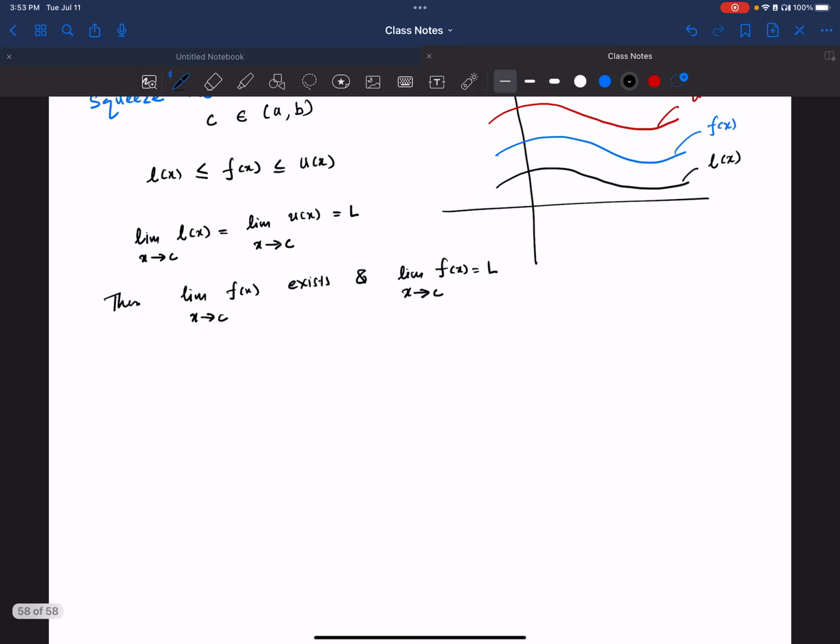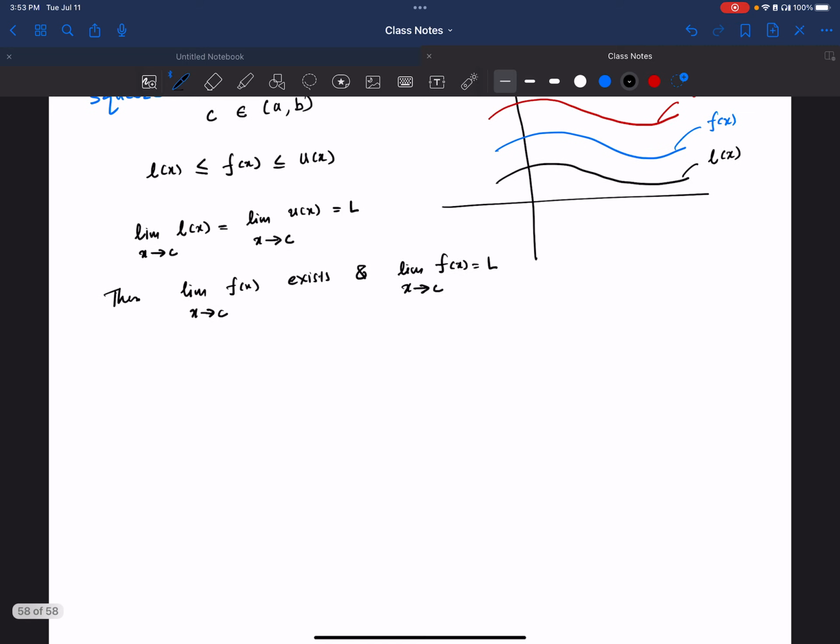Let's consider the other theorem. Let's call that theorem 3.